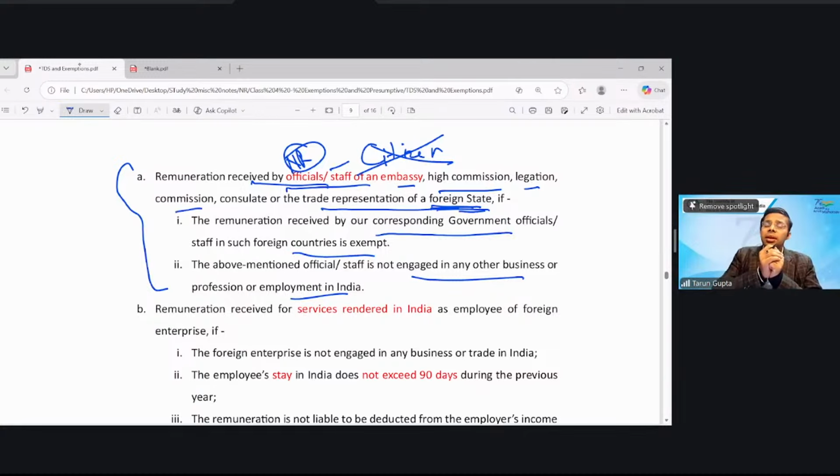But still, since he's working in the embassy, the exemption is provided because governments generally don't tax the embassies of different countries. But India says, I will not tax you only if you don't tax me. So there has to be quid pro quo. The condition of the exemption is that you have to prove that your country is not taxing the people working in my embassies. Clear?